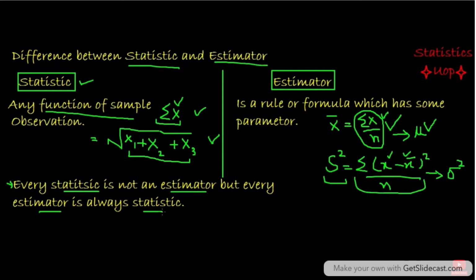As you can see from the examples, we have this as an example of a statistic, while we have this as an example of an estimator. But mind you, let me point out this: every statistic is not an estimator, but every estimator is always a statistic.